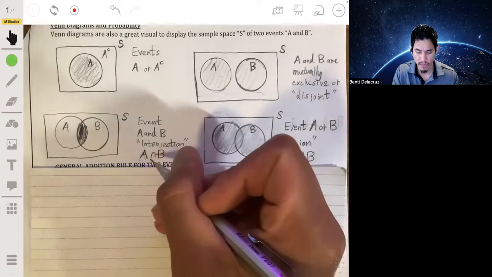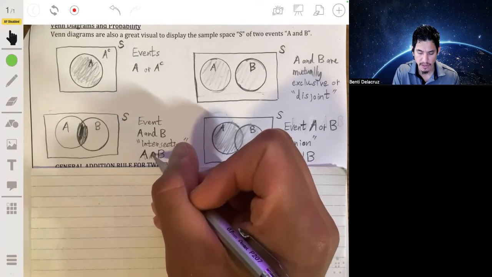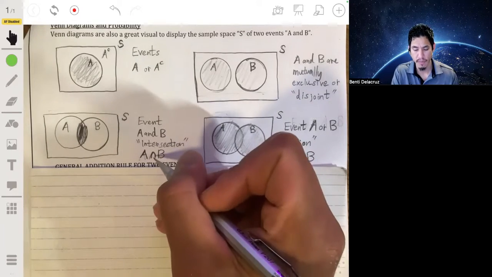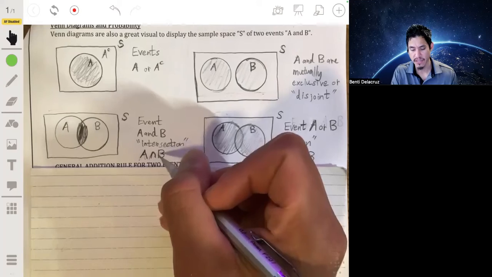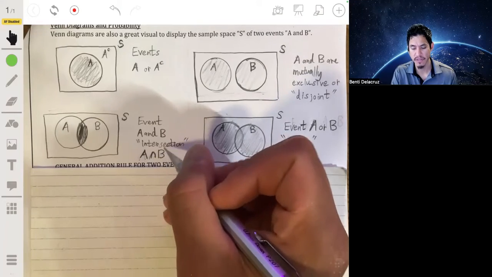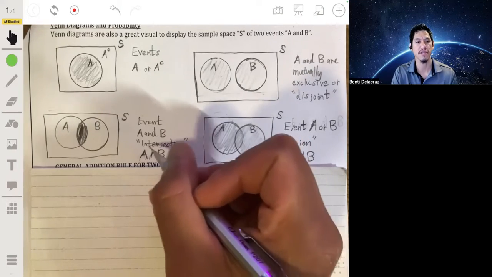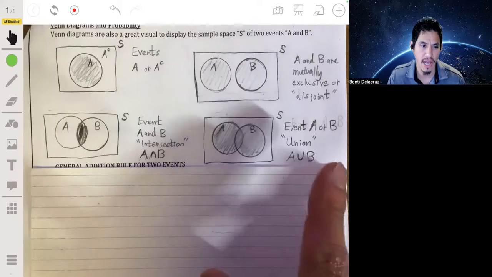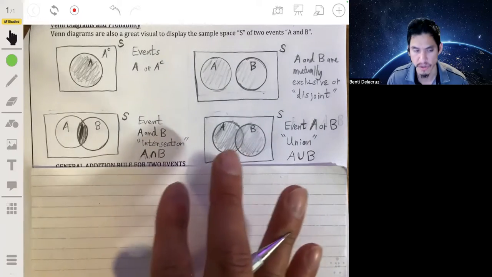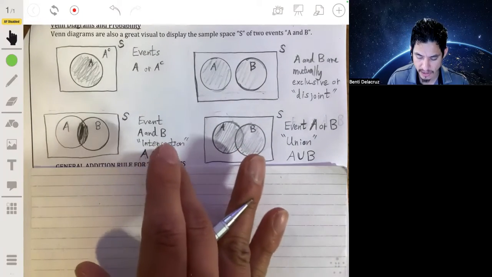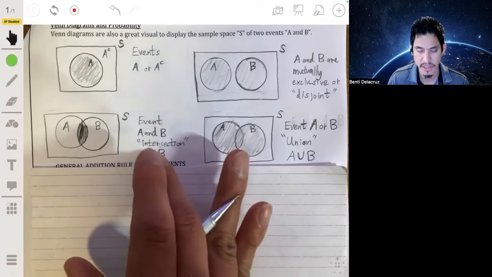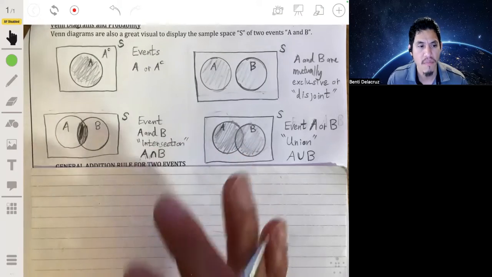And in probability, we tend to use this upside down U looking symbol to represent that intersection. So A intersect B. So this is something you're probably going to see from here on out, instead of having to write the words out. So A intersect B, A and B is events A and B.